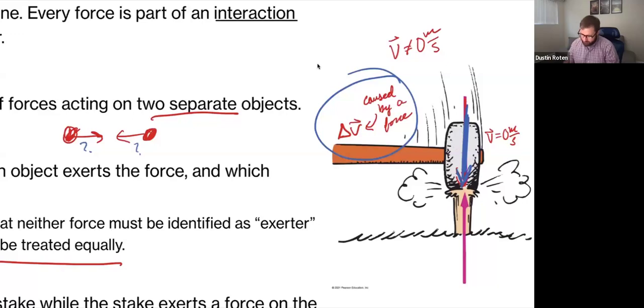That has to be provided by the stake. That's where the whole idea of equal and opposite reactions comes from. You can think about this as a bit like a normal force. It's perpendicular to the surface, and it's going to push back on the hammer. This normal force is what's acting on the hammer to cause it to decelerate.